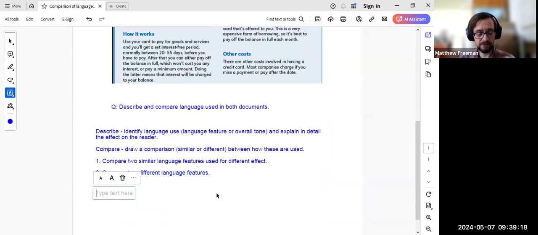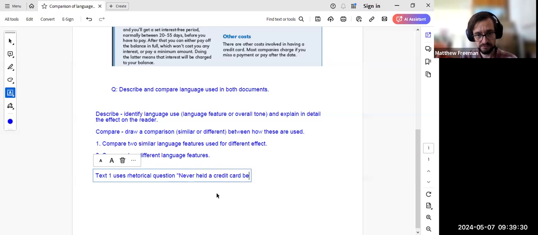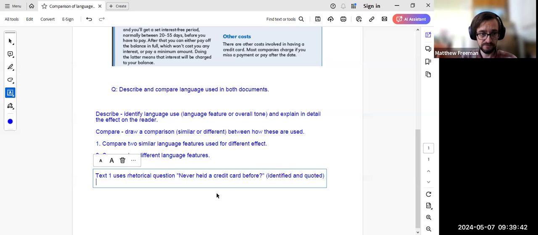So we could write that up like so. Text one uses a rhetorical question. You can see I've identified and quoted. And then I'm going to go on to explain what the effect of that is on the reader.